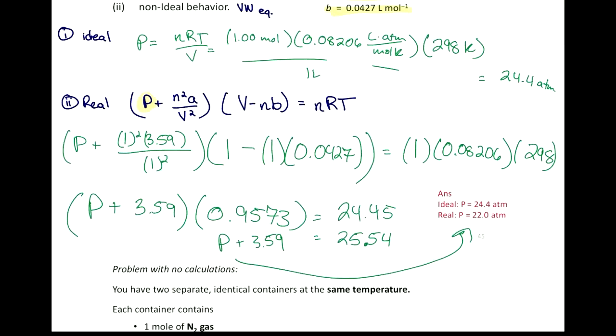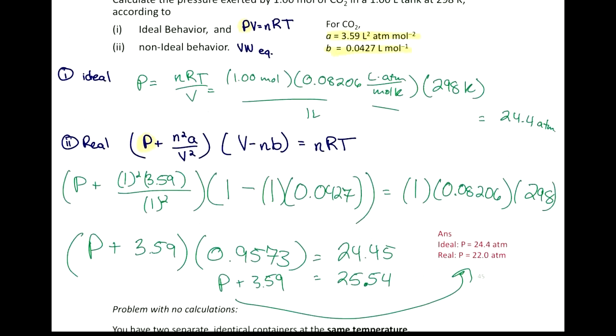So this is us considering the actual volume of the particles themselves and the attractive forces that CO2 exhibits. We get a value that's a little bit different: 22 instead of the 24.4 atmospheres that the ideal gas law would calculate.